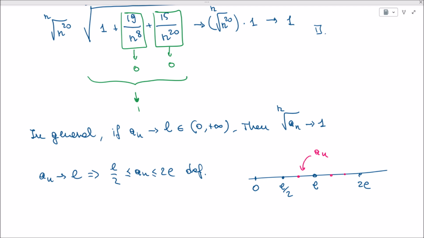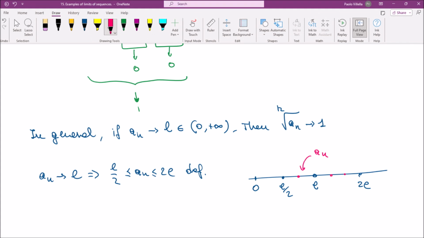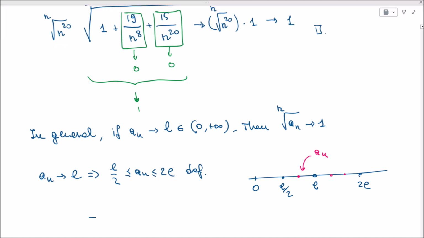Now, if we have this, we can take the limit as n goes to infinity of this inequality, or better, first let's take the nth root of all the terms of this inequality, and we can do that because all the elements are positive.